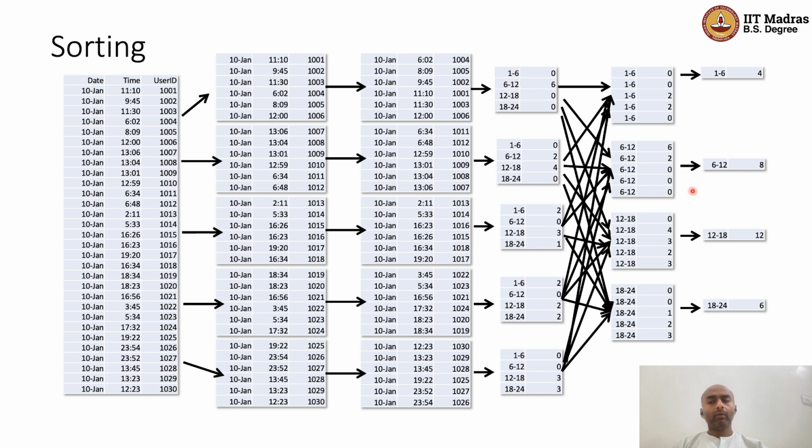And then once the final operation on each time block is done, which is a sum of partial counts, then I have the final answer. So in this way of solving for counting, we leveraged multiple different techniques that we've already seen. First and foremost is divide and conquer.